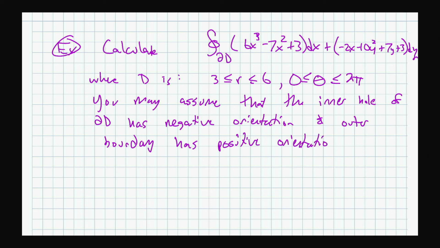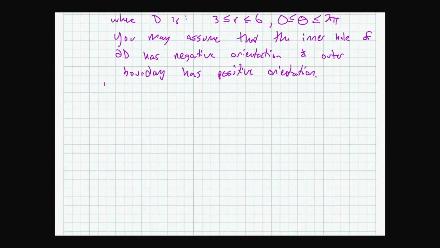That's what they said were the requirements. So they're telling you that it's oriented the way they want it oriented for doing this problem. R is supposed to be between 3 and 6. So you've got an inside hole, you've got an outside boundary, and the region is in between.